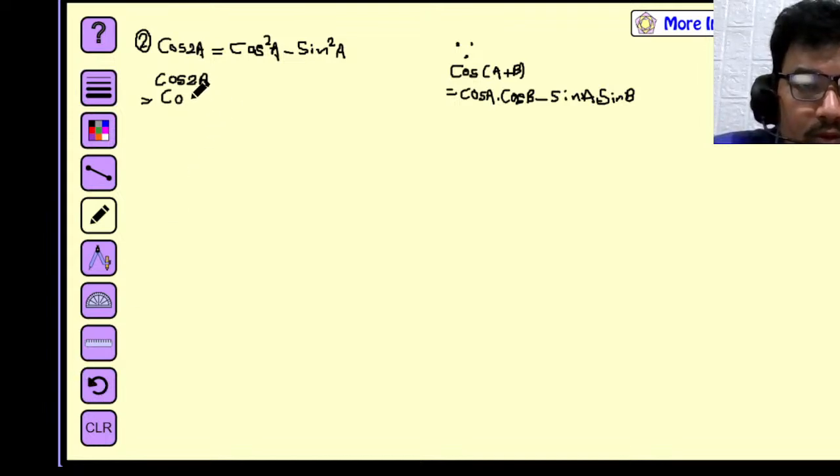Right here, cos. Now in place of 2A, we can write it A plus A. Okay, right here also A. Cos 2A means cos A plus A.